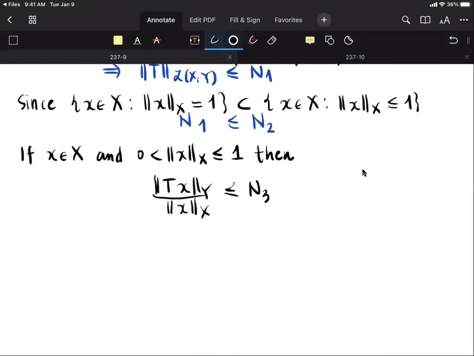Okay, so with this, let us multiply both sides by the norm of x.